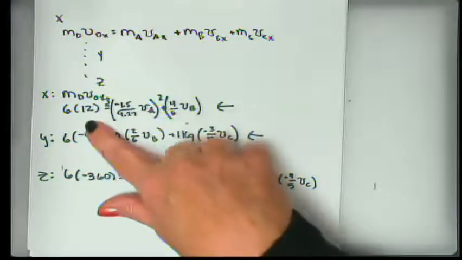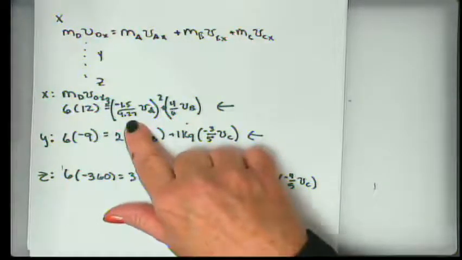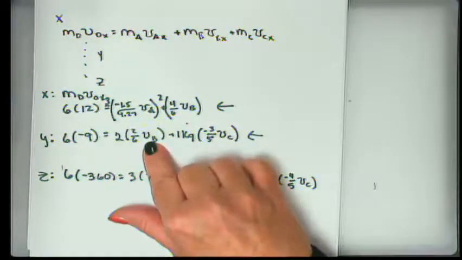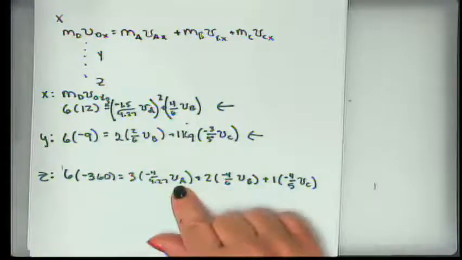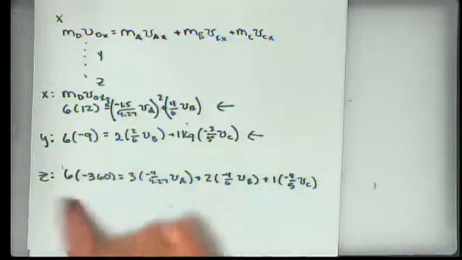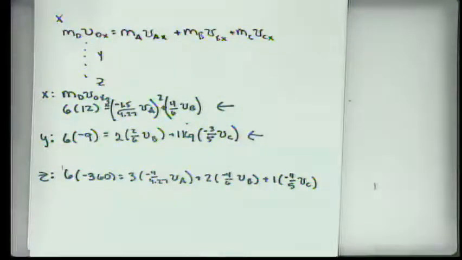So I would solve this for V sub A in terms of V sub B, and solve this for V sub C in terms of V sub B. And then I could plug that in here and here, and then I would have one equation in V sub B only. Then I can go back and back substitute into the other equations.